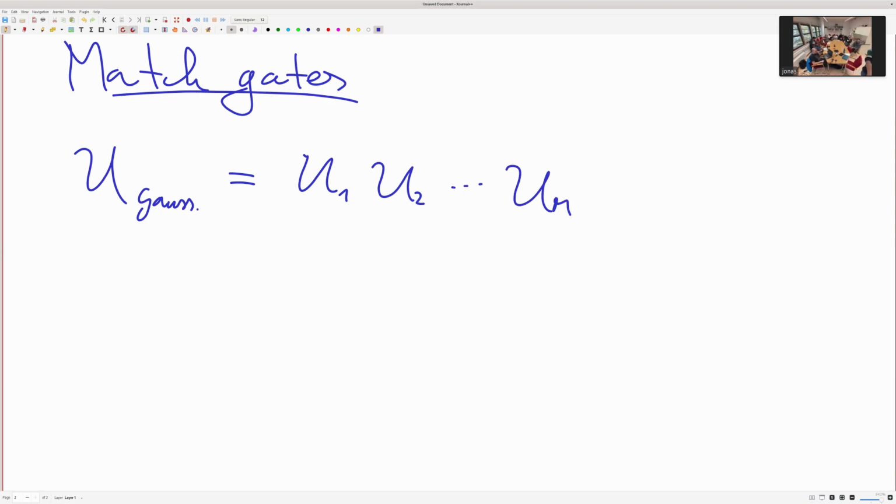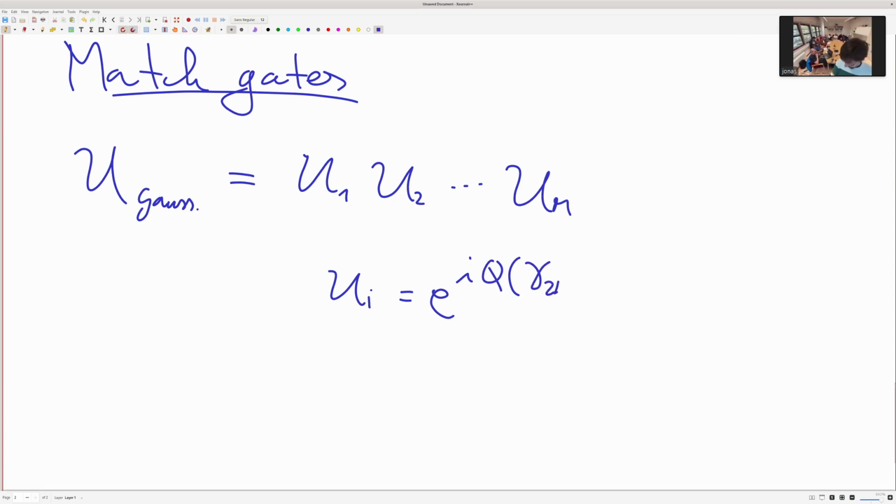where each of these individual terms has the property that it only involves, let's say, two subsequent fermions. So more precisely, let's say u_k is Gaussian, so it's the exponential of some quadratic term, where this quadratic term now only involves, for example, gamma_k and gamma_{k+1}.